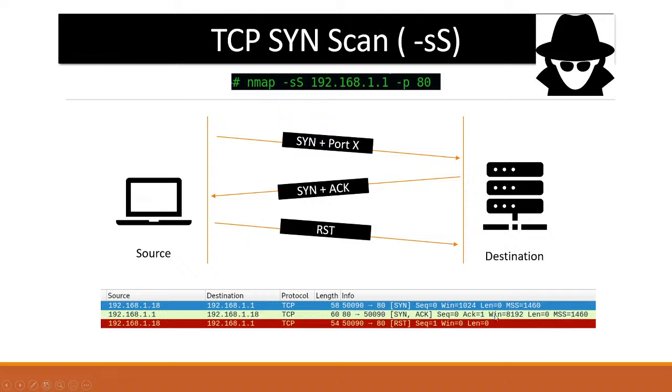Alright, so I got a reply from 1.1, the target machine, to 1.18, and this is a reply with the SYN and ACK. And finally what I do, because I'm not interested in actually making a full connection, I give it a reset flag on message back to it. So this is for discovering if port number 80 is open or not.